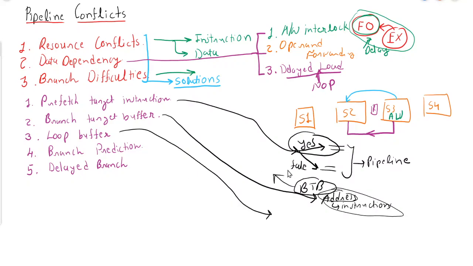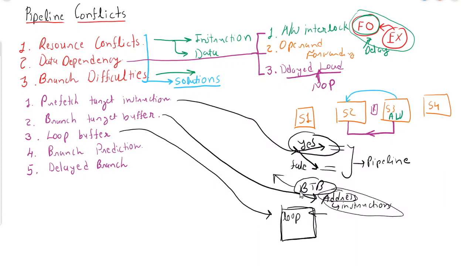Next is loop buffer. This is a very small high speed register file, meaning a small memory. Let's say there is a loop which is executed multiple times. That entire loop, or some of the starting instructions of that loop, will be placed into the loop buffer.